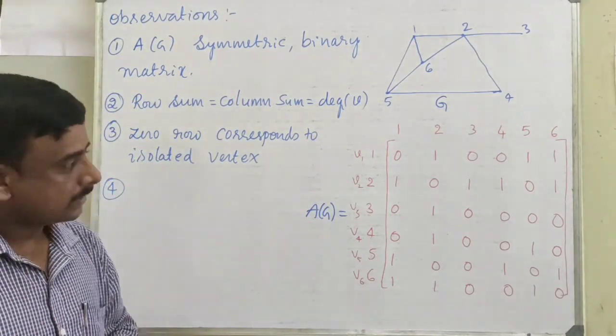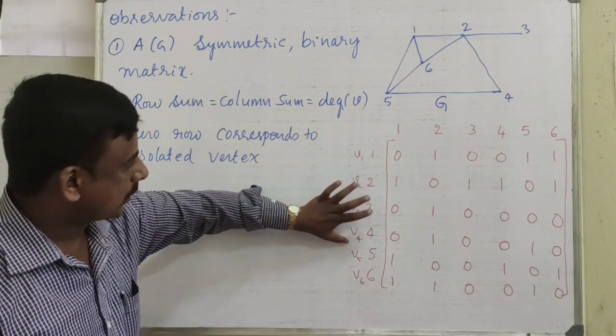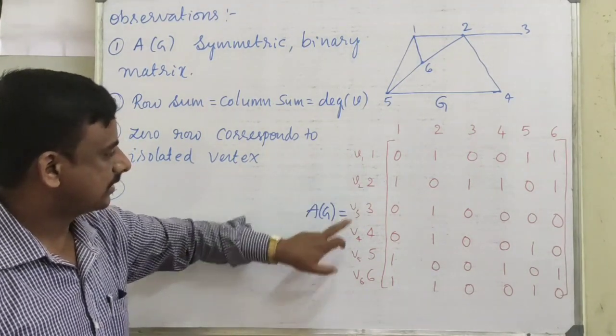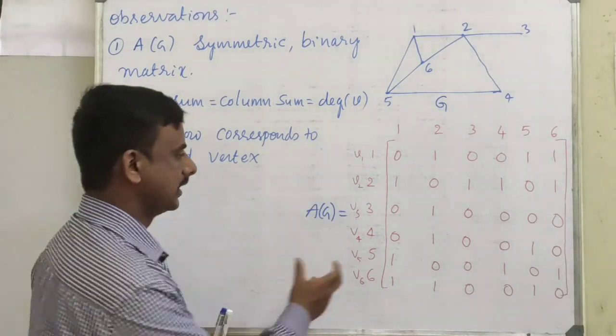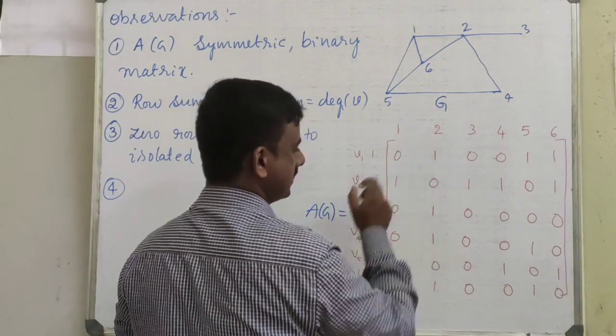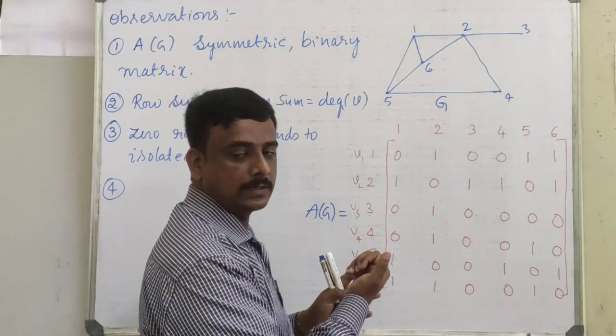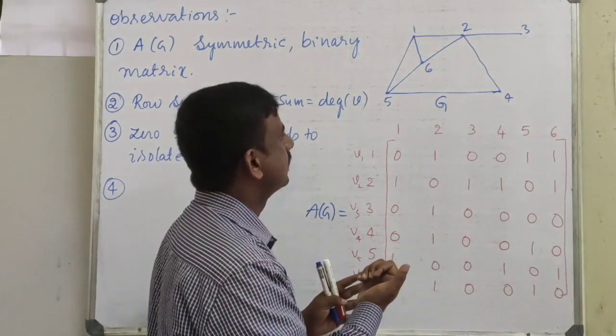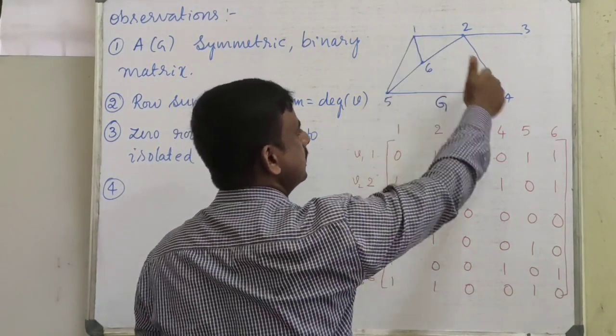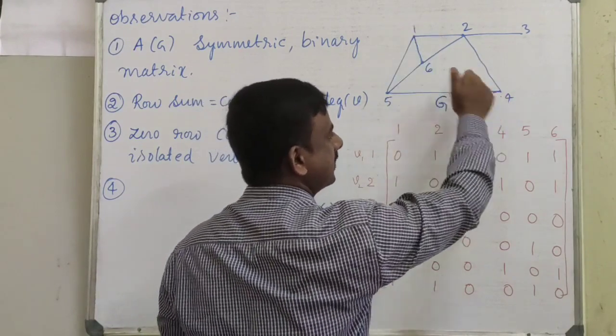Next, if you interchange any two rows here, suppose you interchange V1 and V4, so the same row will be interchanged with this. Then you get some matrix. That is actually the matrix of the graph in which these two vertices are interchanged.